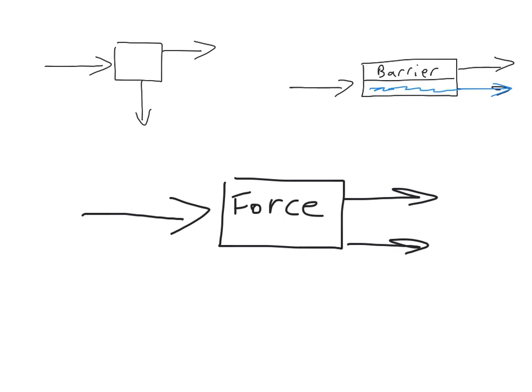Another method is using some sort of force or a gradient in force to separate materials. If you've ever worked with a centrifuge, then you know the concept. A centrifuge is a device that spins super, super fast. If you put materials in this spinning centrifuge, the things that are heavier, or more dense, tend to move towards the outside of the container.